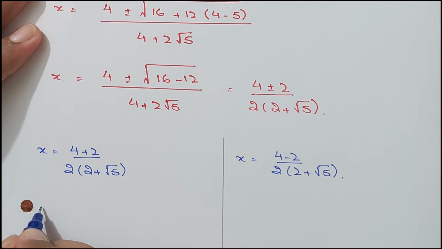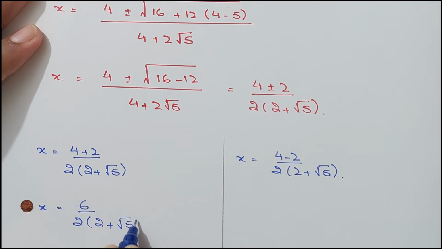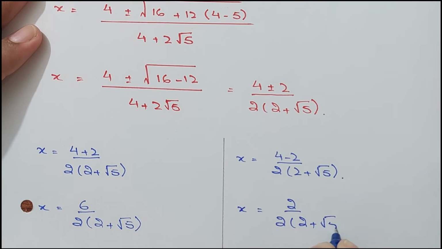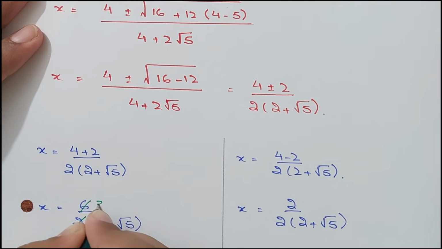Now x equals 4 plus 2 is 6 by 2 into 2 plus square root of 5, and here x equals 2 by 2 into 2 plus square root of 5. 2 times 3 is 6 and 2 times 1 is 2.